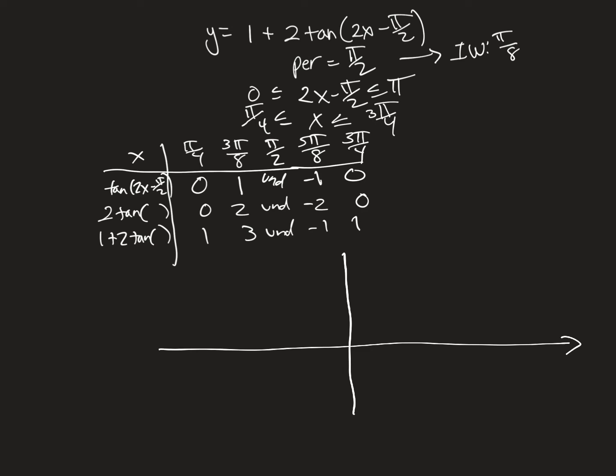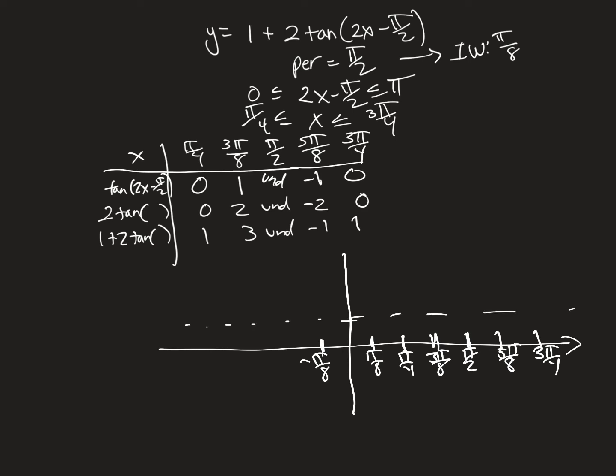So if I'm first plotting pi over 4, I'm going to go to the left of that. So it'd be pi over 8, then 0, -pi over 8. Then I'd have pi over 4, 3 pi over 8, pi over 2, 5 pi over 8, and 3 pi over 4. And I've got this vertical shift up 1.